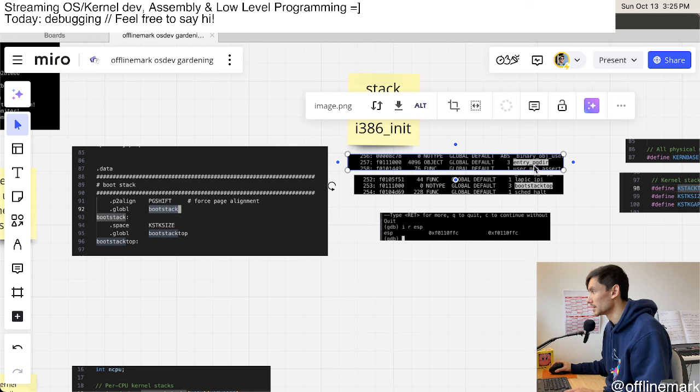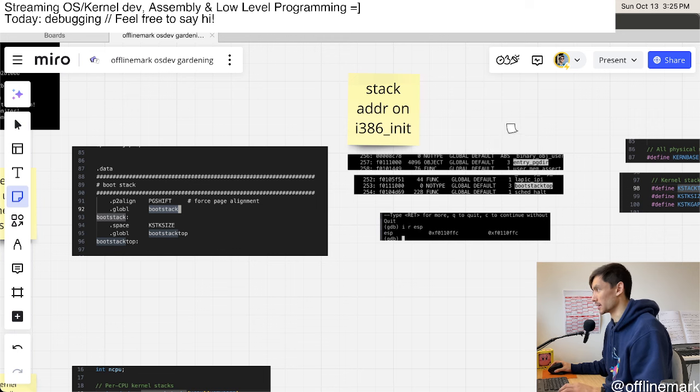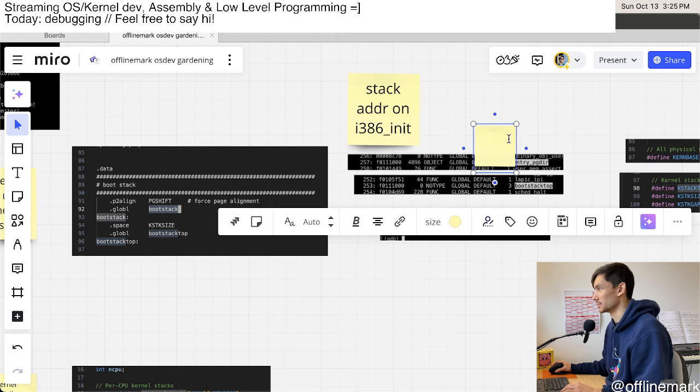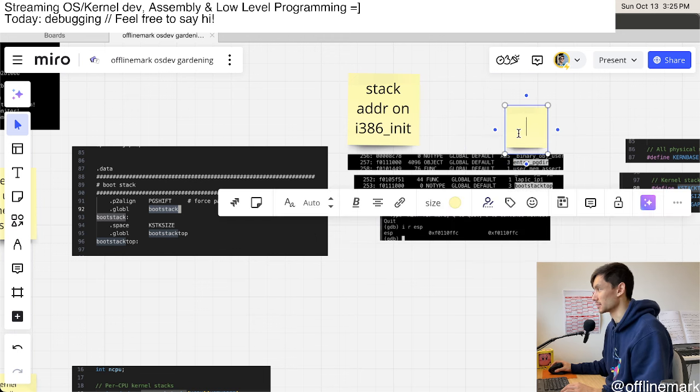No type. Okay, that's a bit weird. There's probably some easy explanation that I don't really understand. Kind of weird that they have the same address.